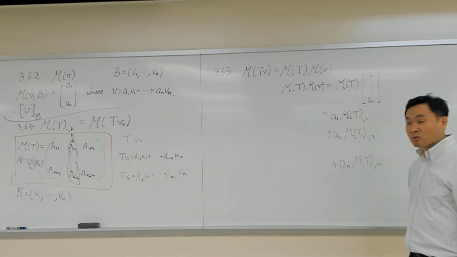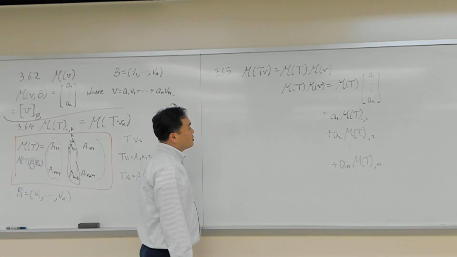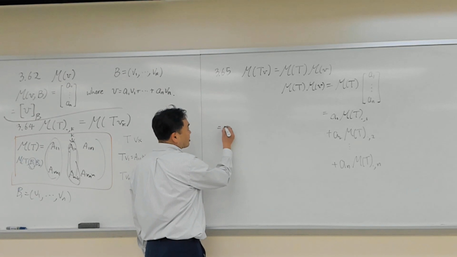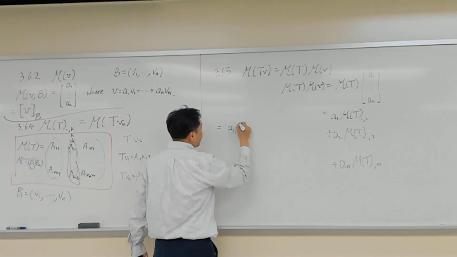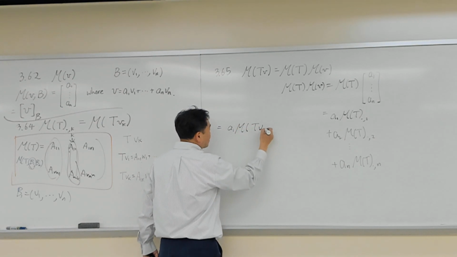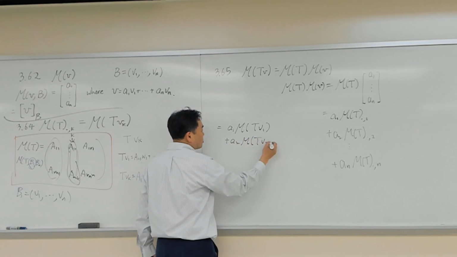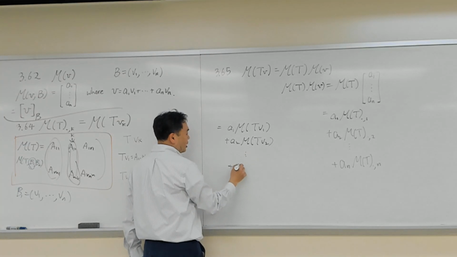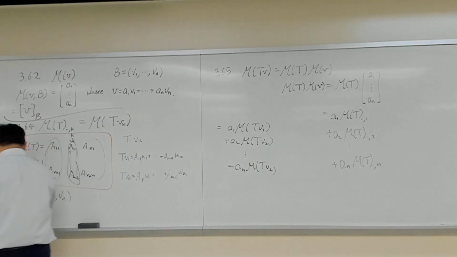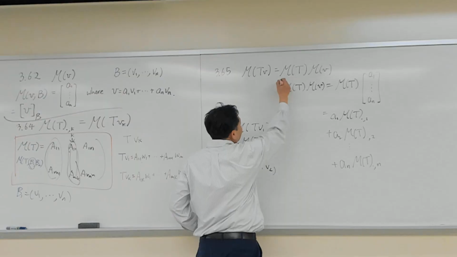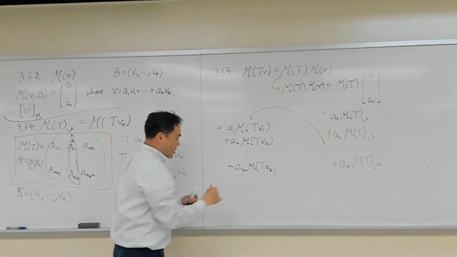Right? So that's how we understood it. That's A1 times M(T) V1, plus A2 times M(T) V2, and so on up to An. Sorry, I'm going all over the place.